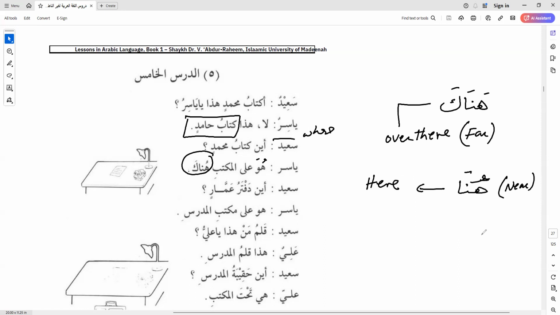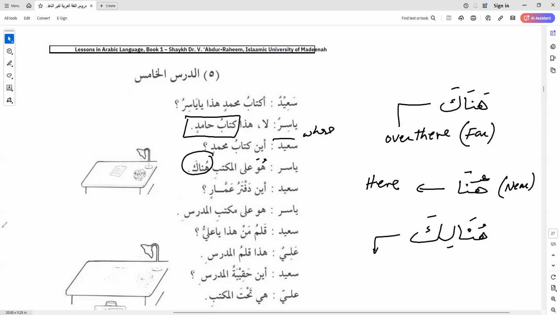We also have a sibling of it, هنالك. It's also like over there or then. Later on we're going to talk about it. But for now, let's stick with هناك, which means over there. So if somebody asks you أين محمد, you can say هو هناك.